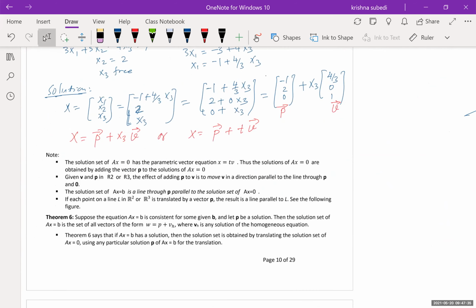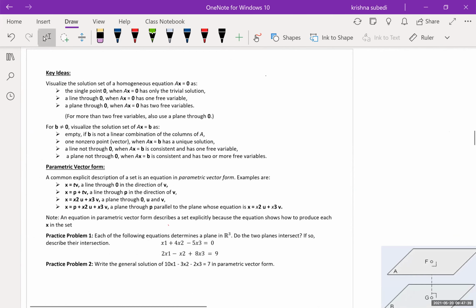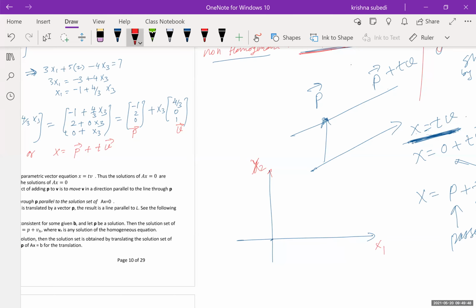All right, now let's try one more. Some of you asked me to explain again the graphical representation of p plus tV. So let me give you one example. Let's say this one is my tV.